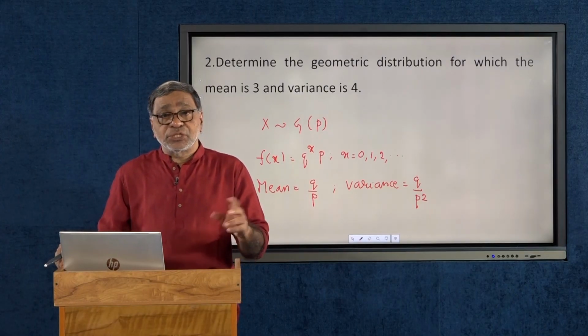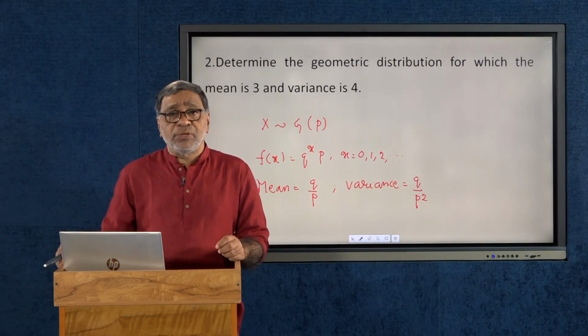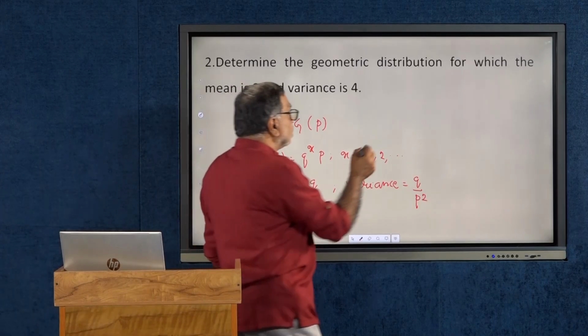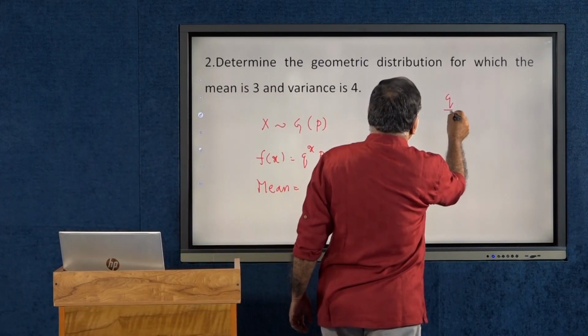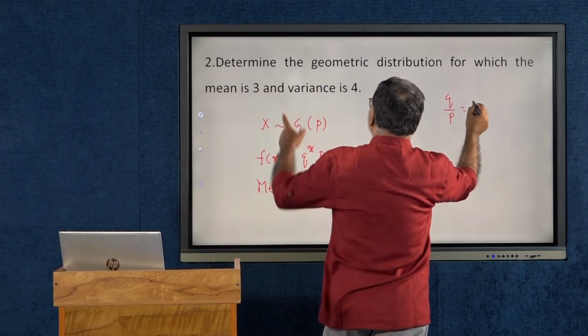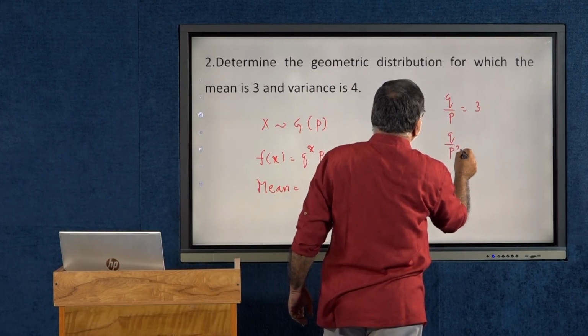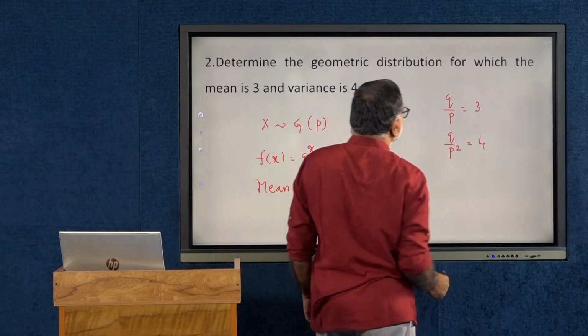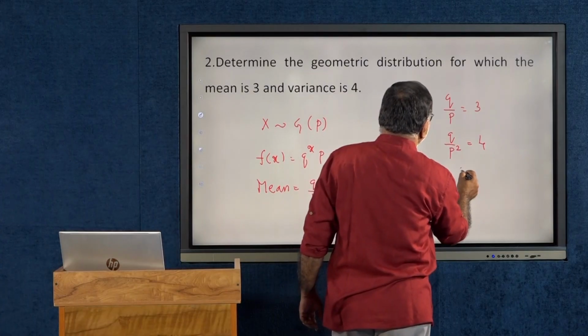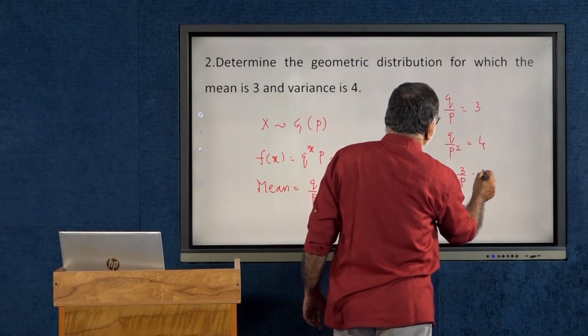And the general expressions for mean and variance are q divided by p and q divided by p square respectively. So, you are given that q divided by p, the mean, is equal to 3, and q divided by p square is equal to 4. So, that means it is 3 by p is equal to 4.